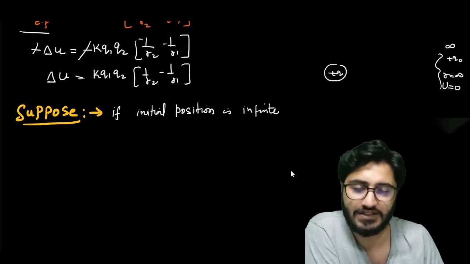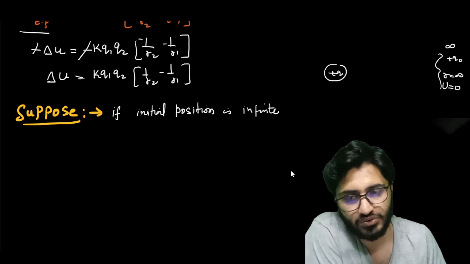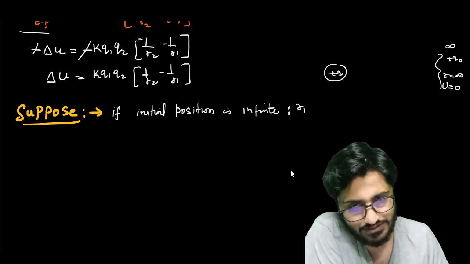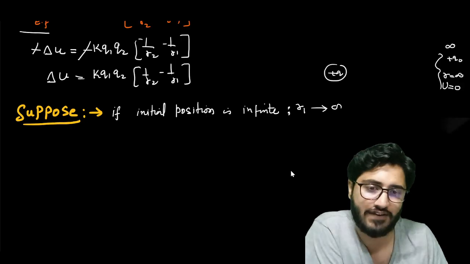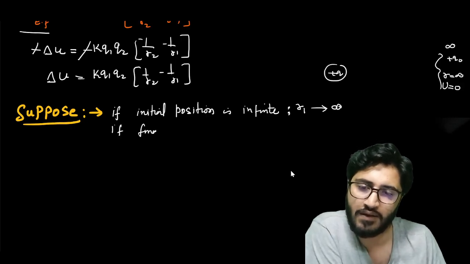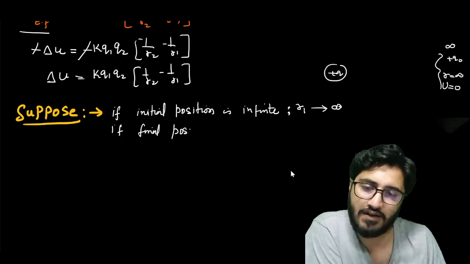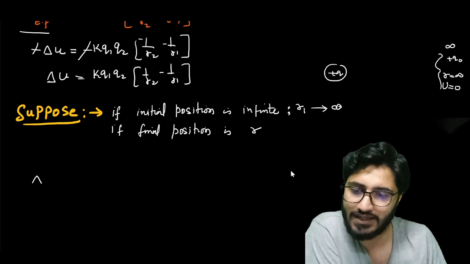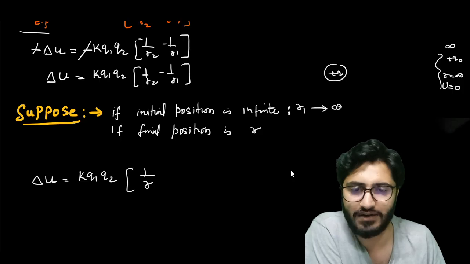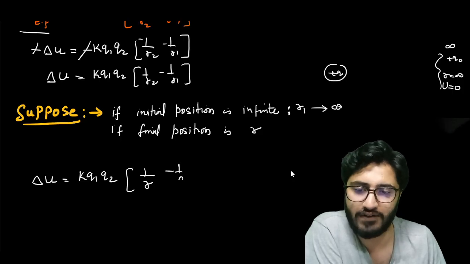If initial position is infinite, suppose. So what I can write now, what is initial? I guess R1 is initial. Yes, sir, R1 is initial. So R1 I will take infinite. And if final position is R, so delta U is equals to K Q1 Q2 (1 by R2 is R, minus 1 by infinite). 1 by infinite is 0.